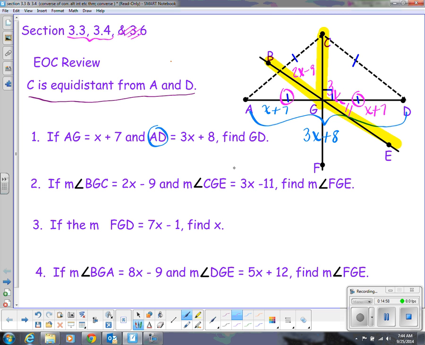Equals 180. Now, if you want FGE, where is FGE? This is FGE. And it's vertical to BGC. So what do we know if they form an X? They're vertical.